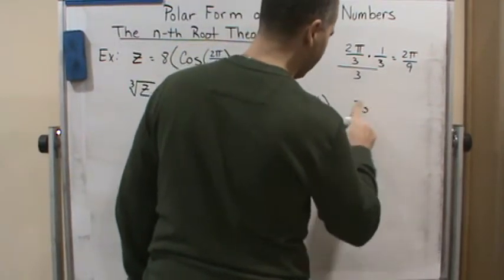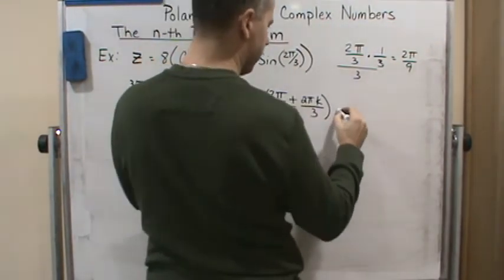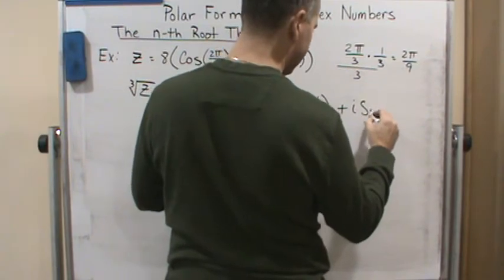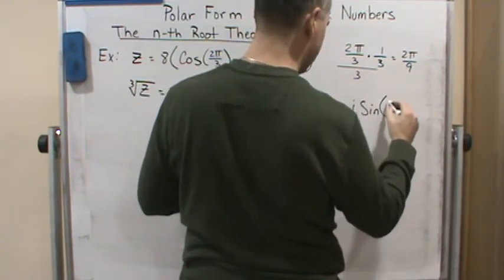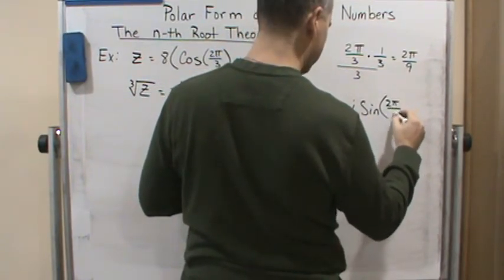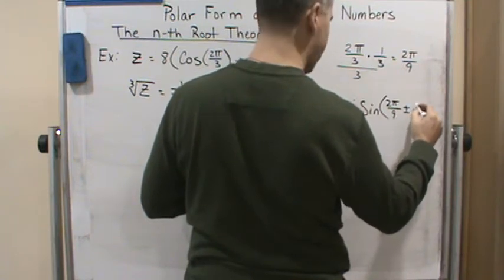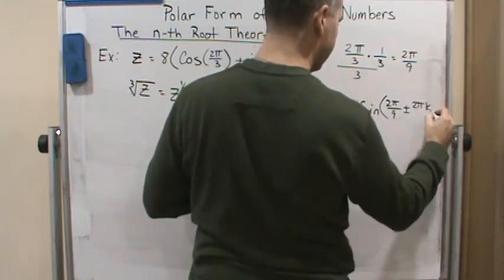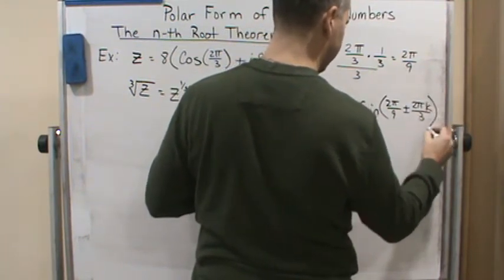Okay, so now I'm going to finish it up. So this will be plus I sine 2 pi over 9 plus or minus 2 pi k over 3.